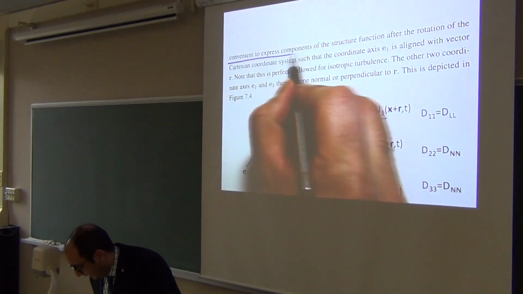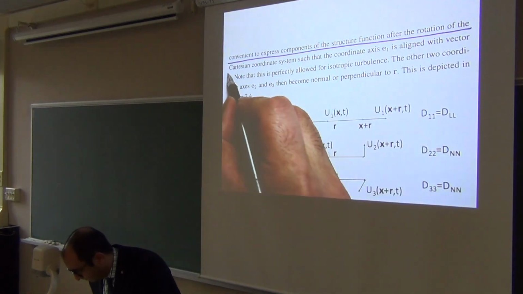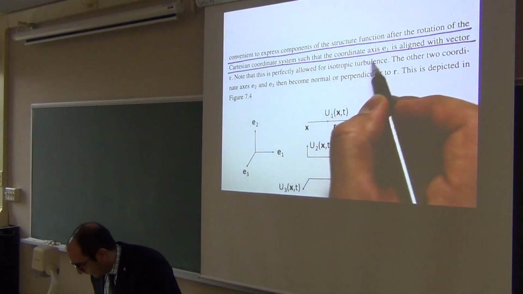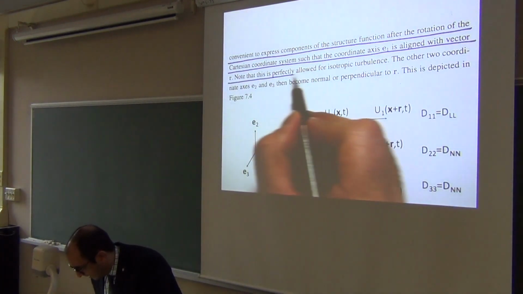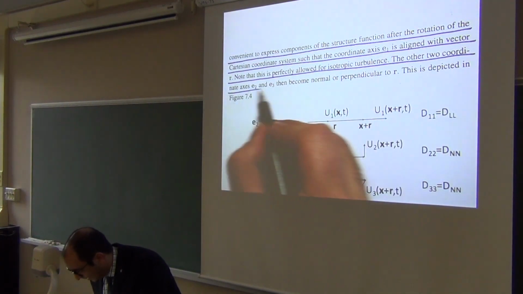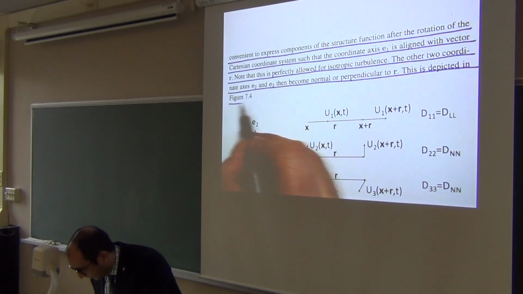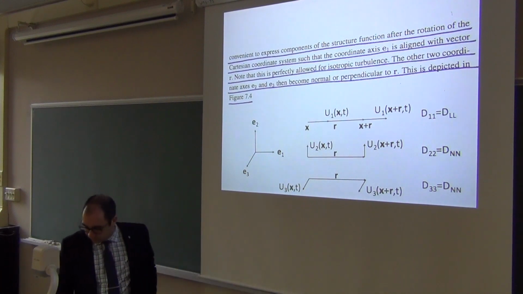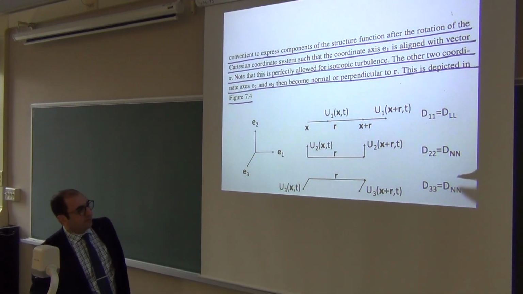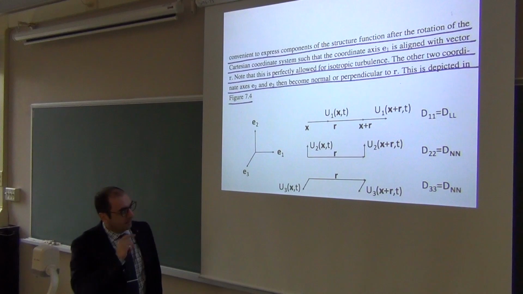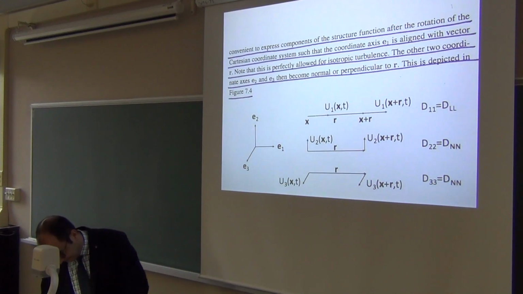And I can freely rotate my coordinate system. So e1 is along r, and then I can report the longitudinal or transverse components for structure functions. So D1 or DLL is longitudinal, D22, D33, or DNN is the transverse component of the structure function.